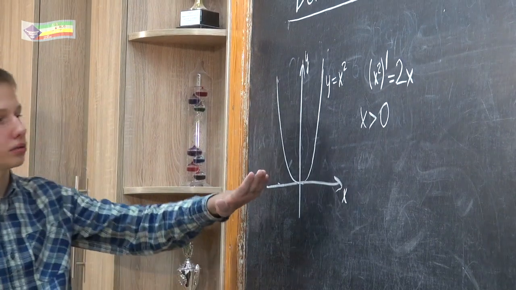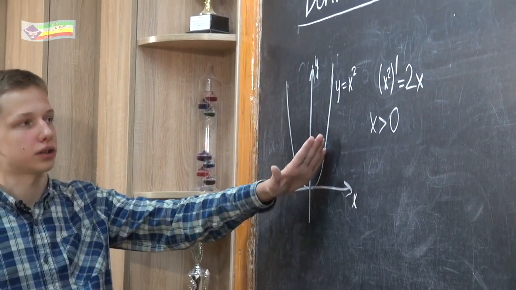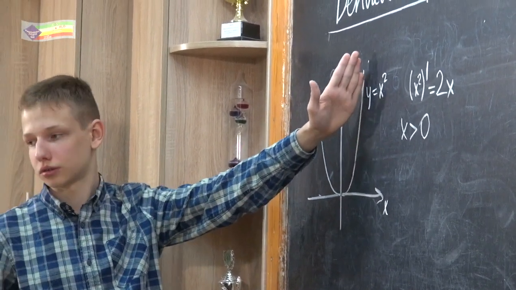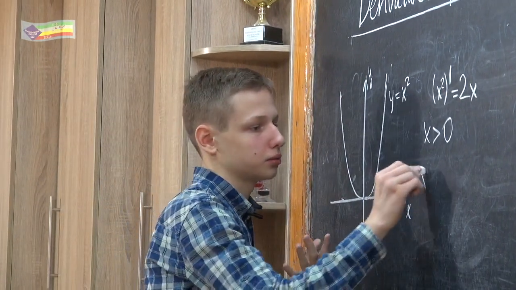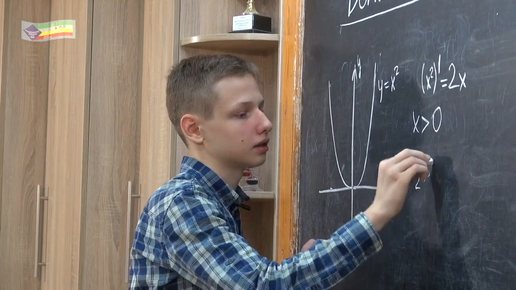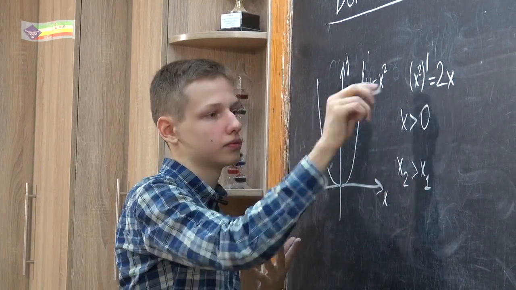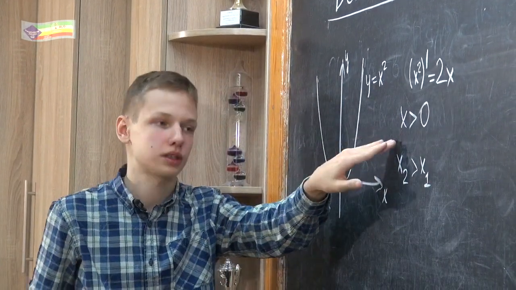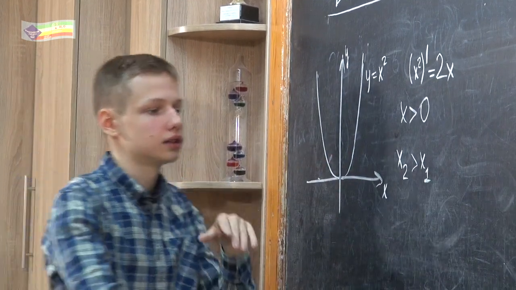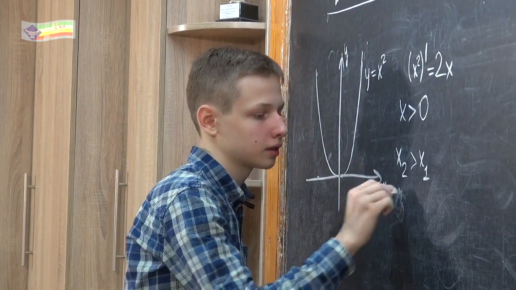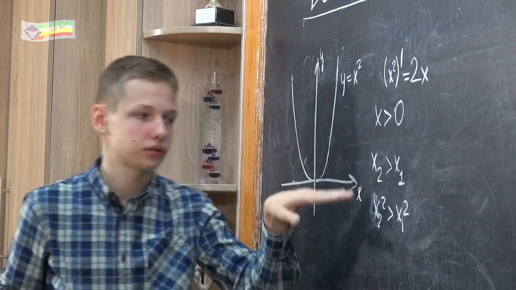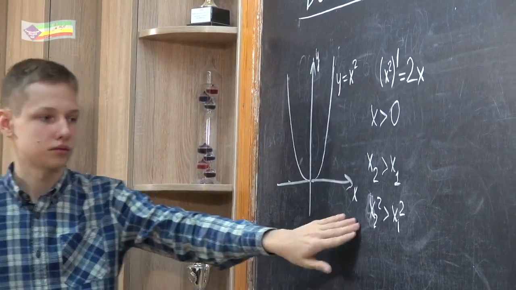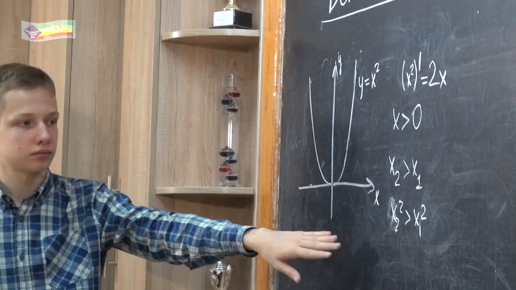In that case, we can see that our function is constantly increasing. That means that if we take x2 bigger than x1, and both x's are bigger than 0, then the squares of these x's will not change the sign.